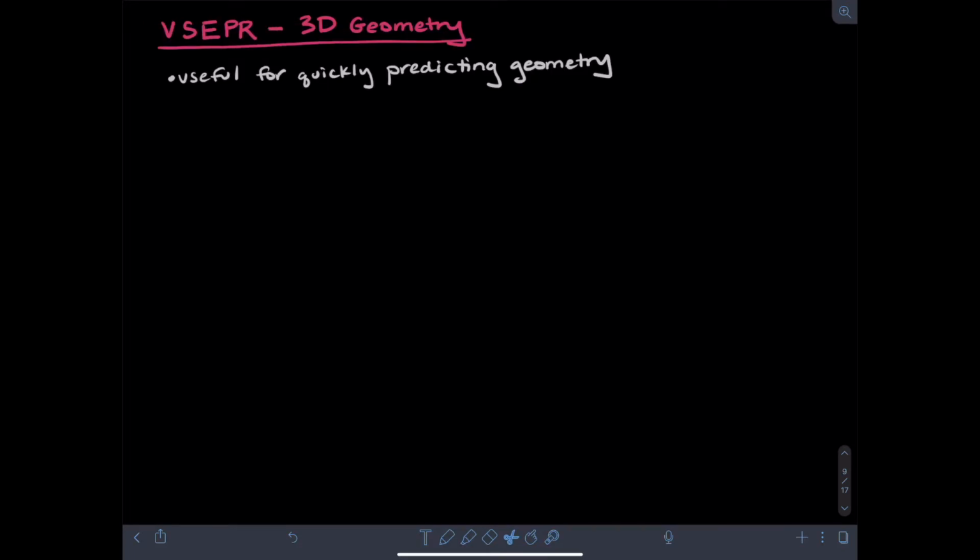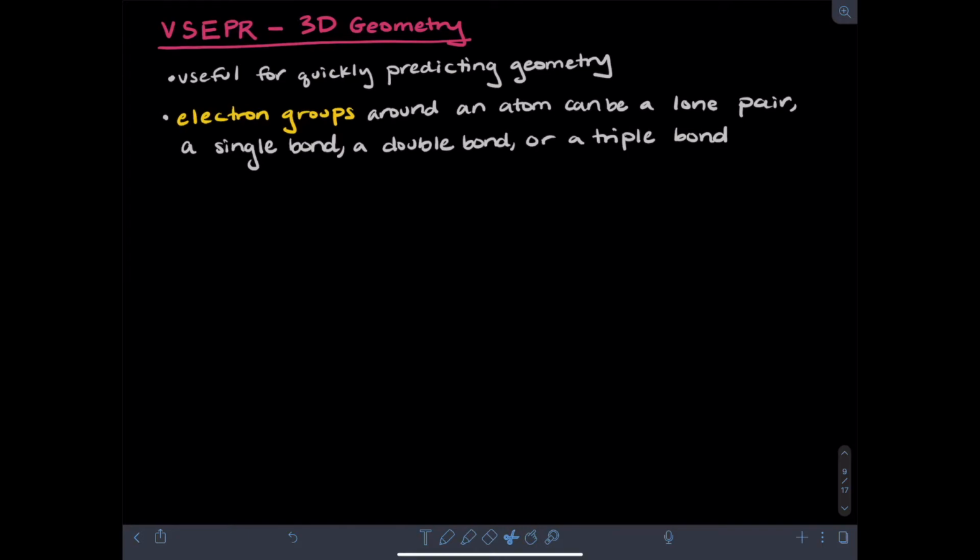For organic chemistry, we'll often use VSEPR to quickly predict the three-dimensional geometry of a molecule. This is a good first approximation of bond angles. And in the chart that I'll show you below, I'm going to use the term electron groups that are around an atom.